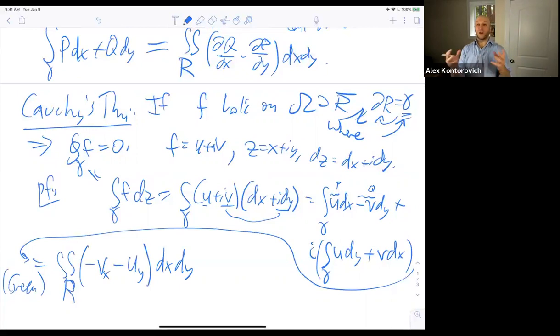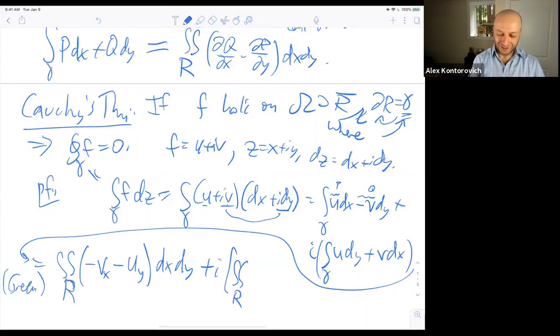So we get an area integral, and the imaginary component, we get the same thing, but now this is P and this is Q. So I get Q sub x minus, I'm just following this formula, Q sub x minus P sub y. Whoops, I meant to write Q is u. So I get u sub x minus v sub y, dx dy.